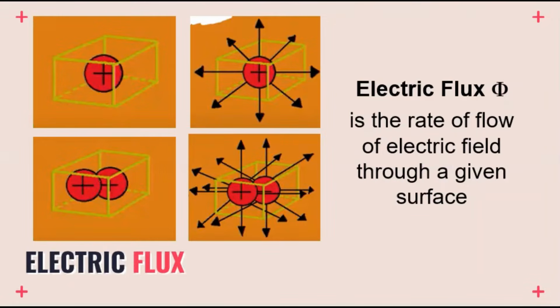For example, we have a hollow box, and we put a single charge inside the hollow box, and then in the second diagram we have the same hollow box, same size, but we put two charges inside it.